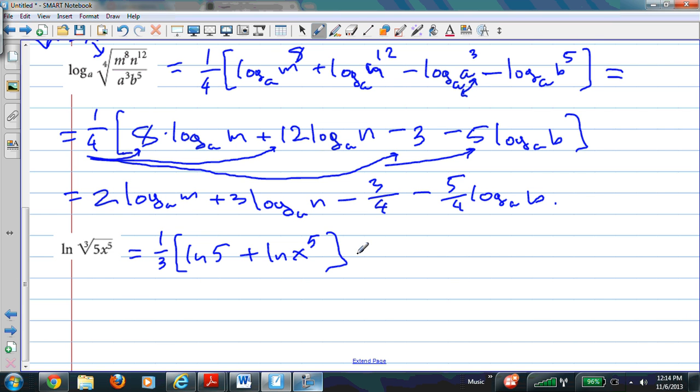Like that. So natural log of 5, I can plug it in my calculator, but I really don't want to. Natural log of 5 is natural log of 5. Unless you're asked to round it to whatever decimal places, you should leave natural log of 5 as it's written. And the only other thing that I can do is to bring 5 down using the power rule, so it's 5 times natural log of x.